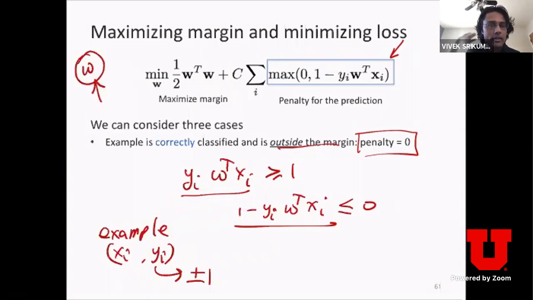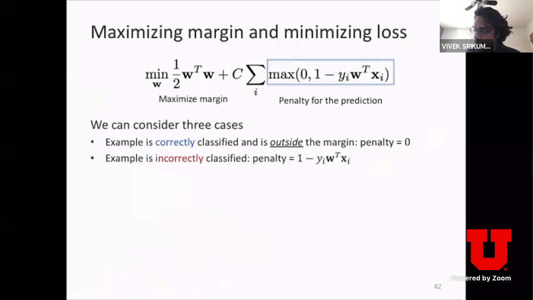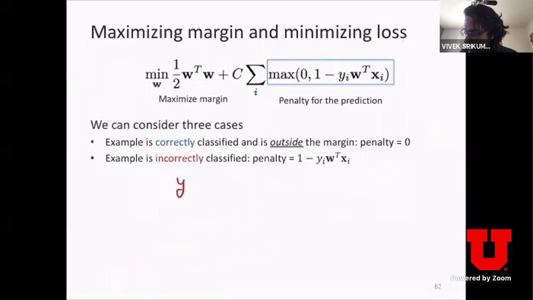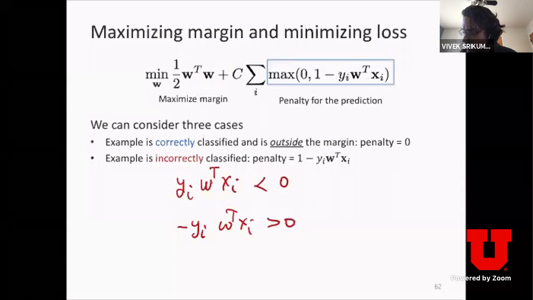Imagine that in all cases we are penalizing the weights. We are penalizing this classifier. There's no need to penalize this classifier because it made a correct choice and also introduced this margin. Let's consider another case. The example is incorrectly classified, that means yi w transpose xi is less than 0, right? If it's less than 0, that means minus yi w transpose xi is greater than 0.